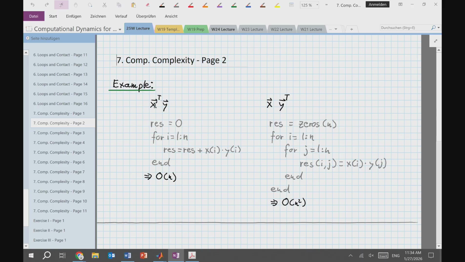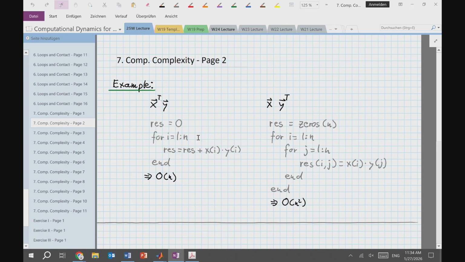If I compute a dot product, I initialize a result to be 0, and then for each element in these two vectors, I add the product of these two elements to my result, and this is going to give me my overall dot product.